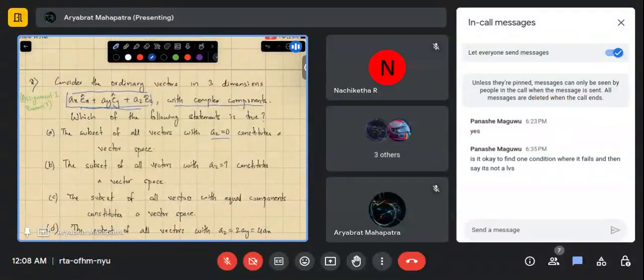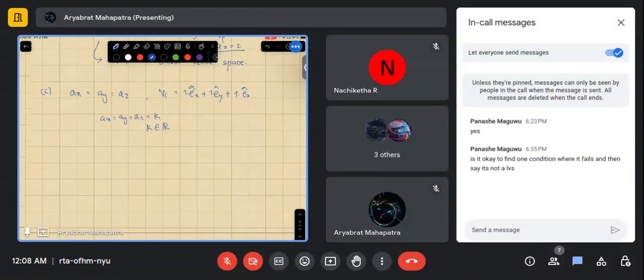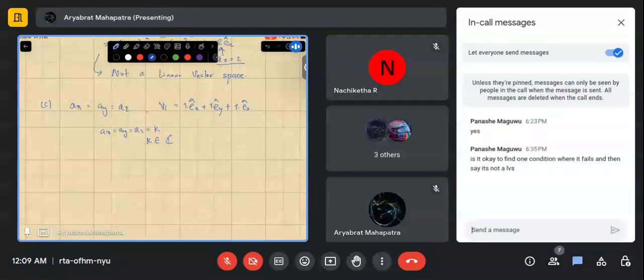Sorry, here it is told that it should be a complex component, so it need not be real. I've taken one here, so you take any other complex number, let's say alpha. So alpha will be the common factor for all the components of this vector.